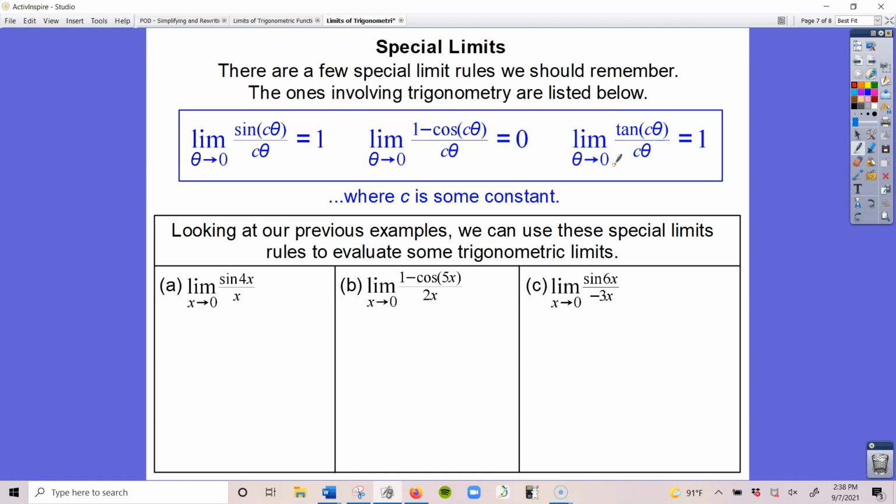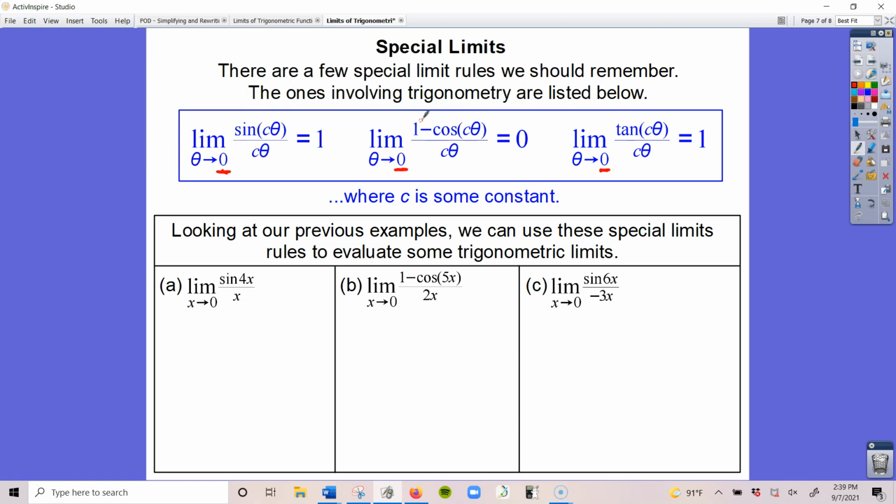The limit as theta approaches 0 of sine of c theta over c theta is equal to 1. Now this is only valid, for all of these special limits, as long as theta or x is approaching 0. Has to approach 0. If it approaches any other value, we cannot use these special limits.